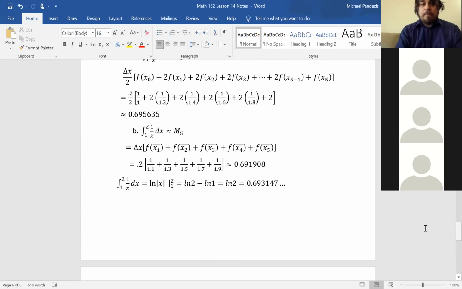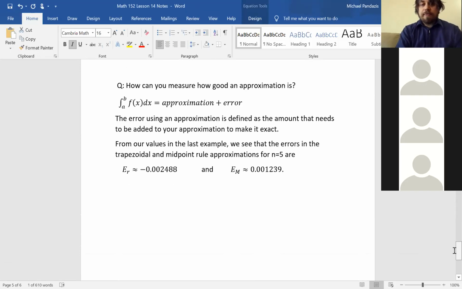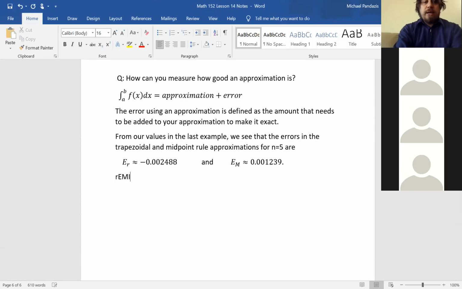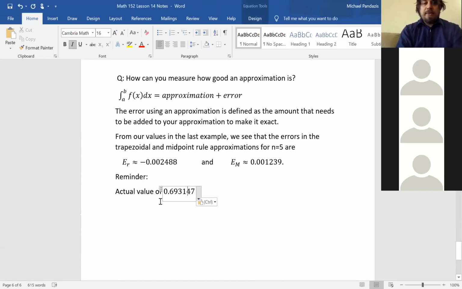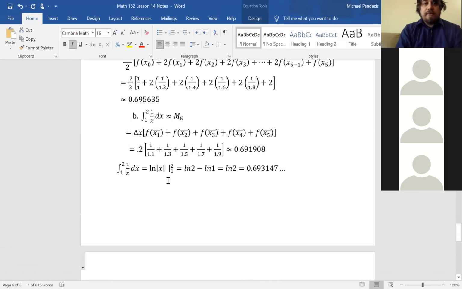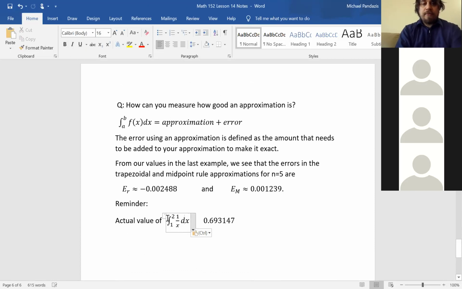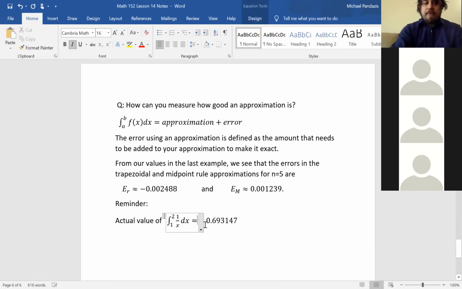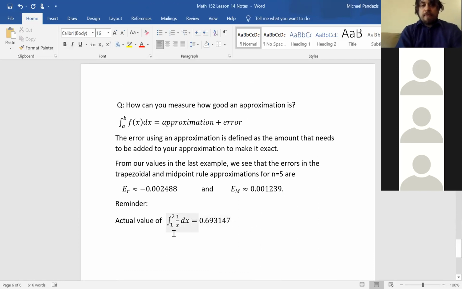Reminder: the actual value of the definite integral from 1 to 2 of 1 over x dx was this, with the dot, dot, dot.